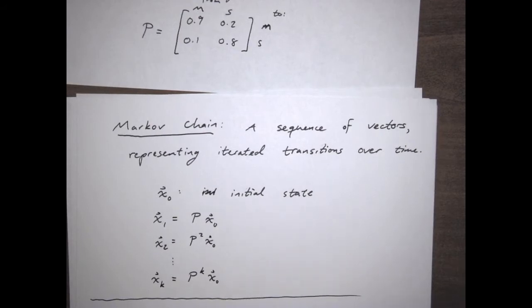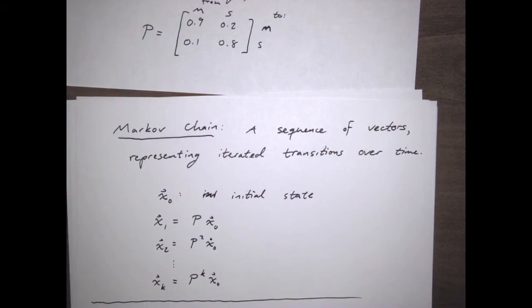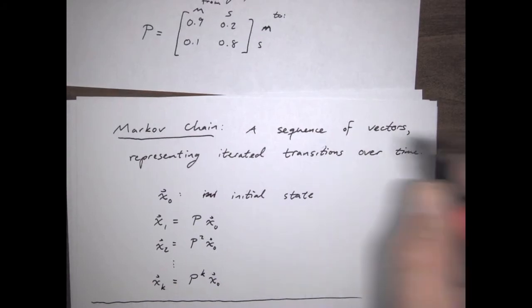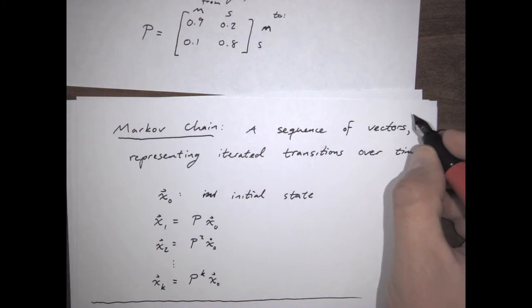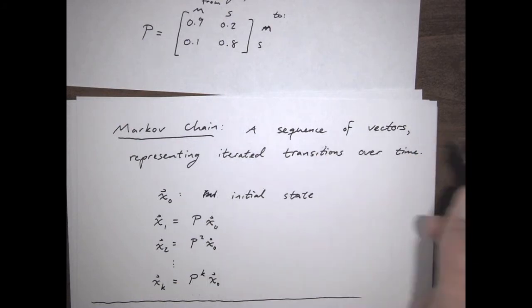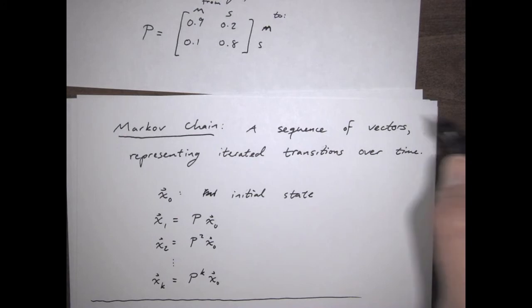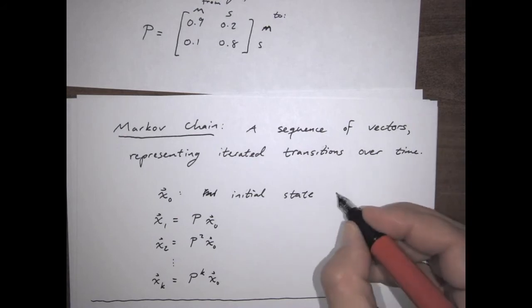Where the x's here are usually going to be probability vectors, but they don't necessarily need to be. It can make sense to use vectors other than probability vectors here, but it's customary to use probability vectors.